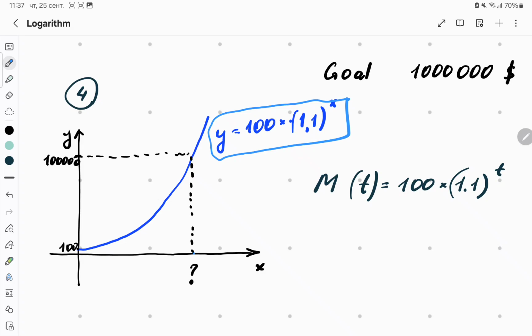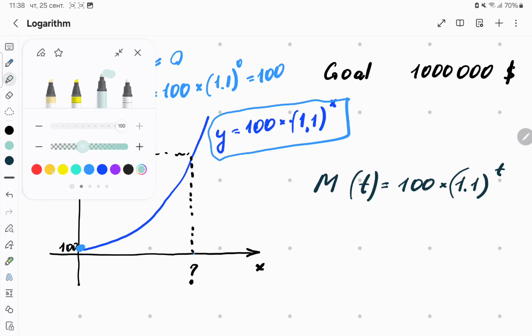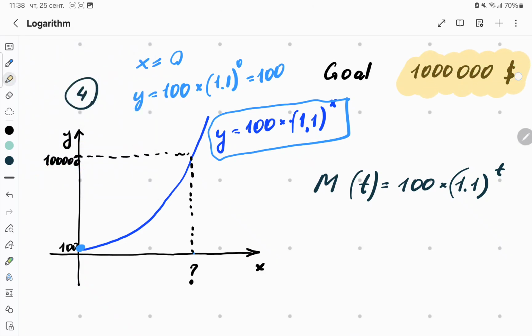So if x is equal to 0, then our y is going to be 100 times 1.1 in power 0, so it is 100. Actually, this point is here, so it is the initial point. Initially, we have $100. Okay, now we should equate our amount of money, our goal, with this function.